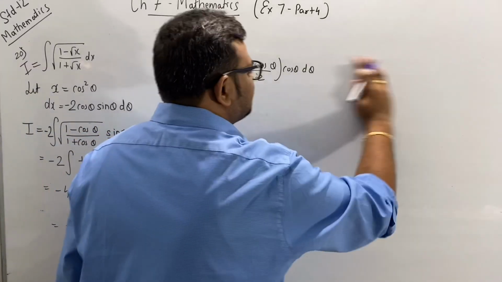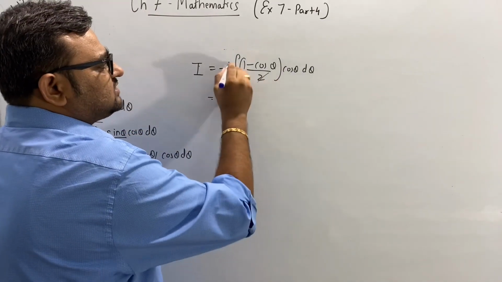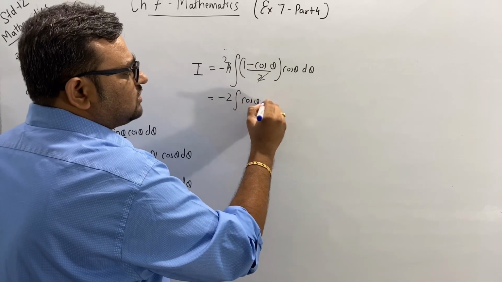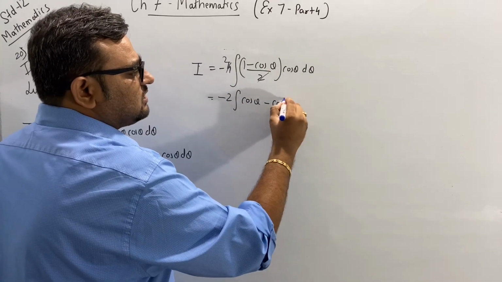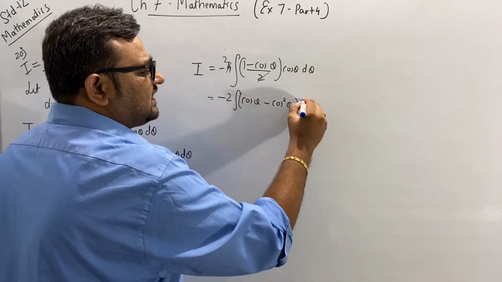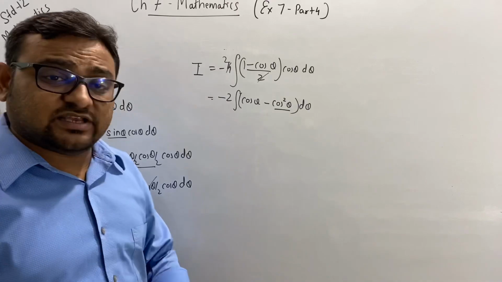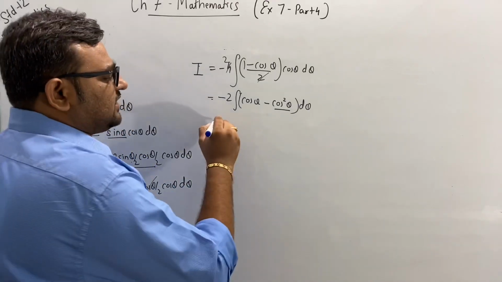Okay, let me erase this. So now 2 ones are 2, twos are, let's multiply it. Cos theta minus cos square theta d theta. Again cos square theta, so again I will replace it with 1 plus cos 2 theta by 2.